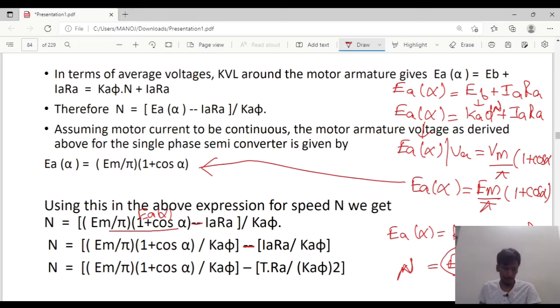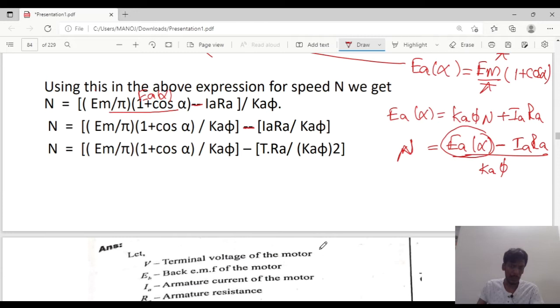In this, I will substitute the torque equation value. As you know, torque is directly proportional to pi Ia. If I remove the proportionality constant, torque equals Ka pi into Ia.